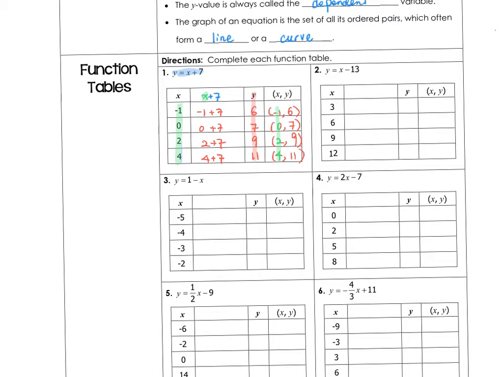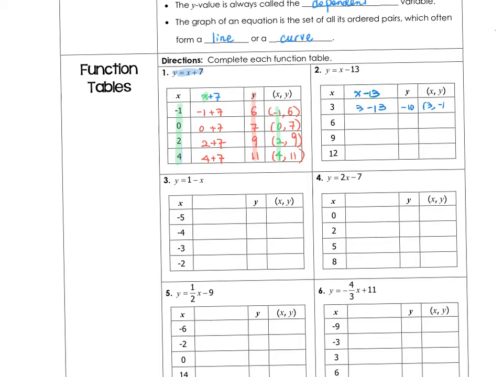If I want to color match, the green should match up and the red should match up. Okay? Same thing with y equals x minus 13. Whoops, let me change the color to blue. 3 minus 13, your calculator should give you -10.